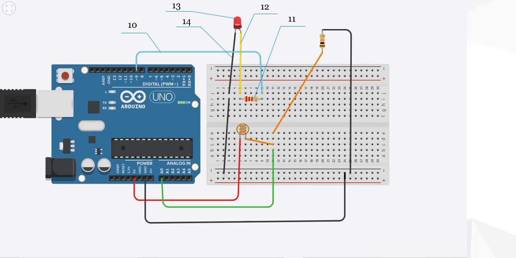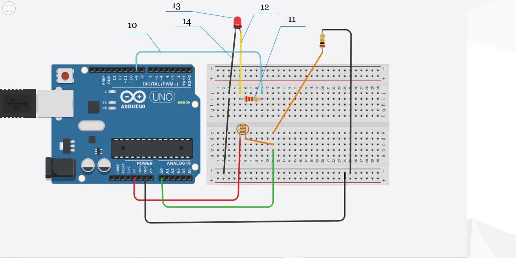In the previous exercise I will modify, adding one diode and an appropriate resistor. The resistor is number 11 and the diode is number 12. That will be the wire diagram.